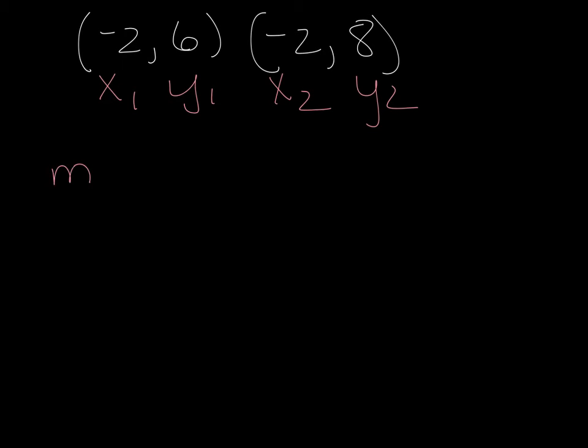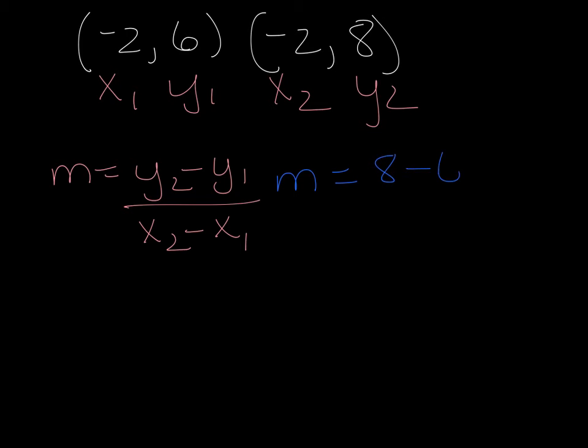And my formula is y sub 2 minus y sub 1 over x sub 2 minus x sub 1. So I plug my numbers into the formula, and I get m equals 8 minus 6 over -2 minus -2. When you do the computation of this one, you get 2 over 0.